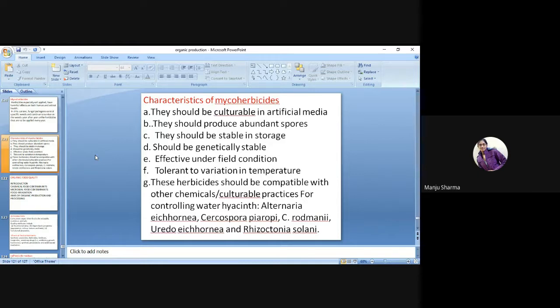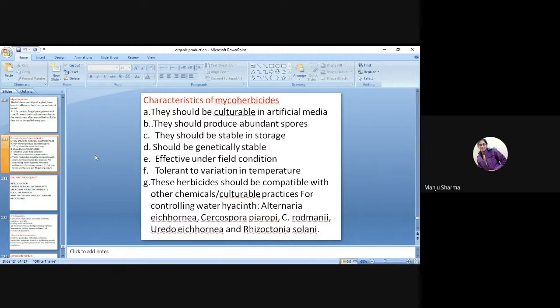So the characteristics of mycoherbicides: first, they should be culturable in artificial media. Next, they should be produced abundantly indoors. Third, they should be stable in storage. Fourth, they should be genetically stable.